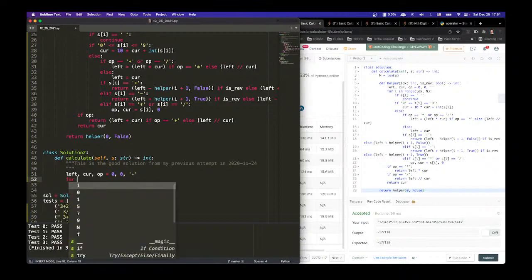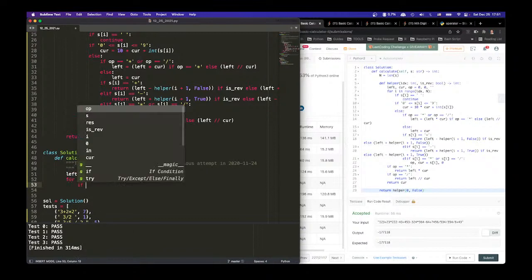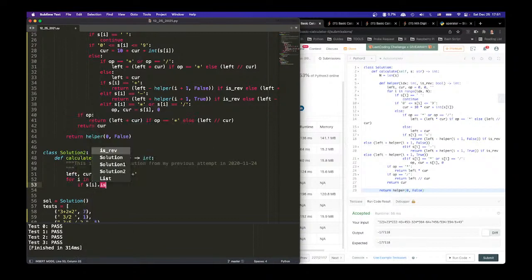And we basically say for i in range len(s), right? Now we say if s[i].isdigit(), current plus equals current times 10 plus int(s[i]).